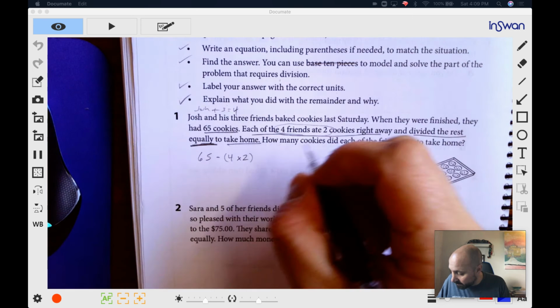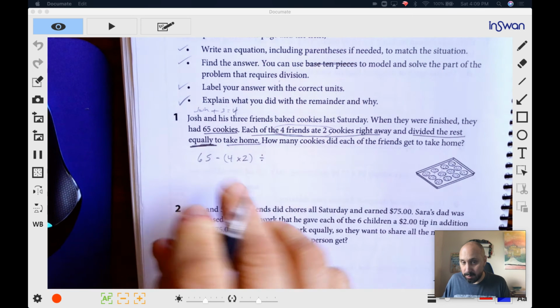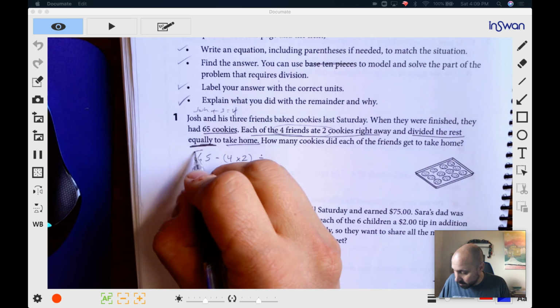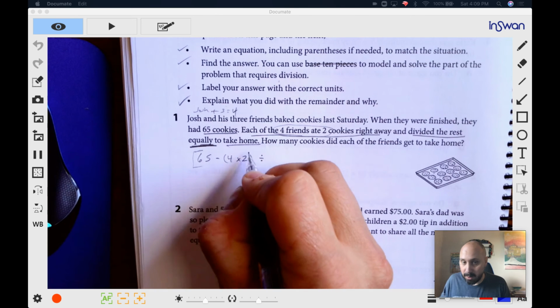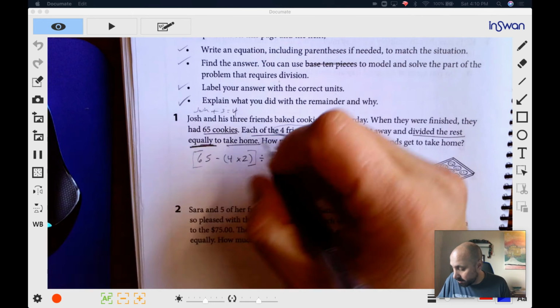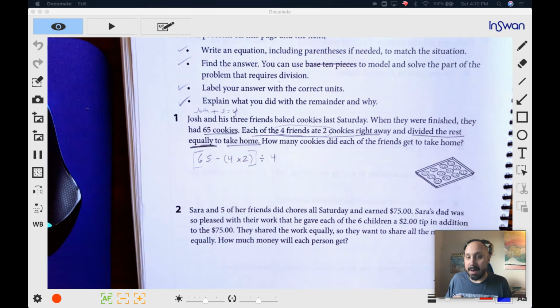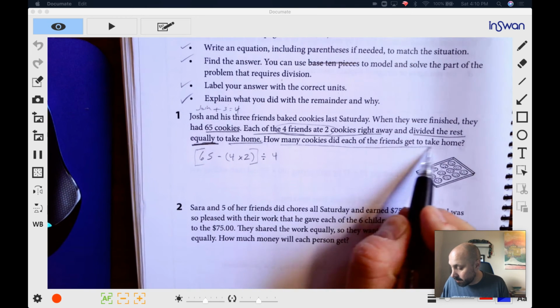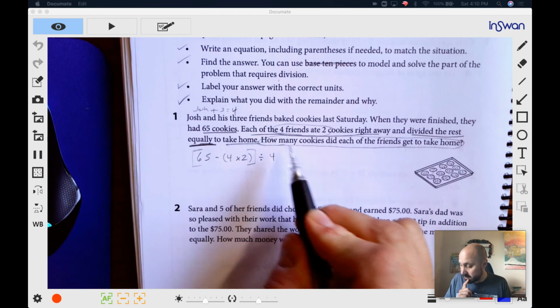Then we will divide this total. We can also put this in a bracket to let us know we're taking this whole total, the 65 minus the 8. We're going to divide that by the four friends, because the question is how many cookies did each friend take home? Okay. So that's our question. So let's do 65 divided by 4.